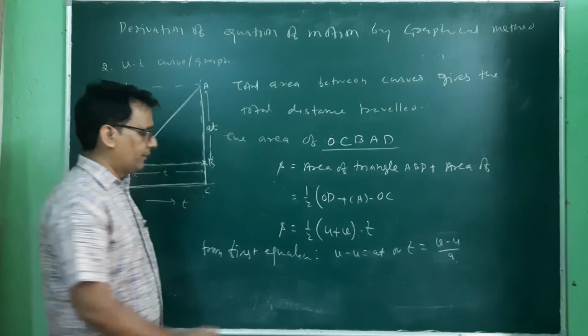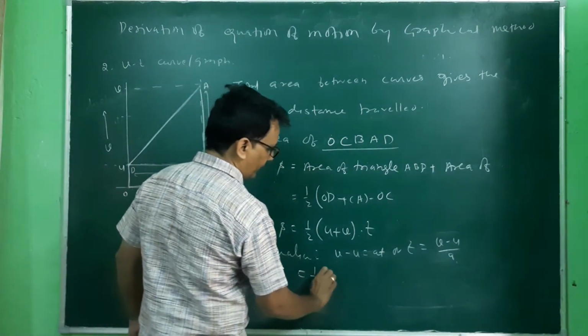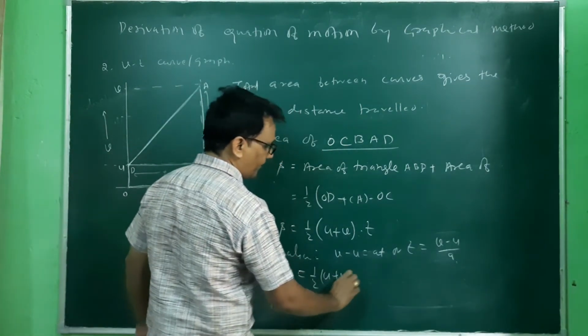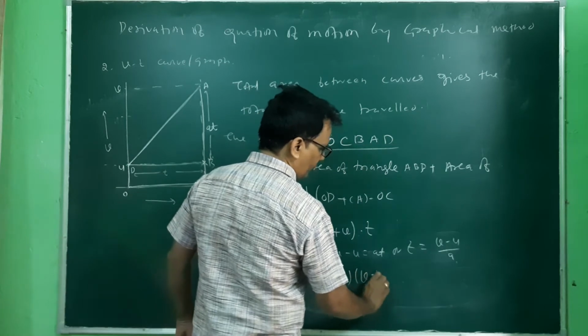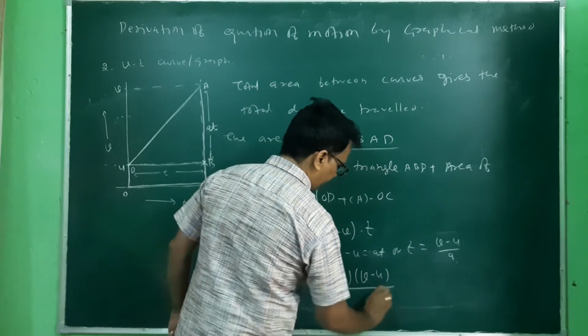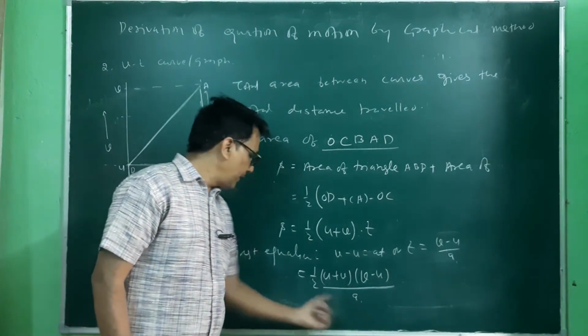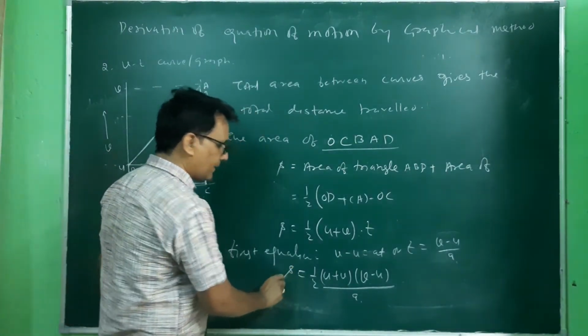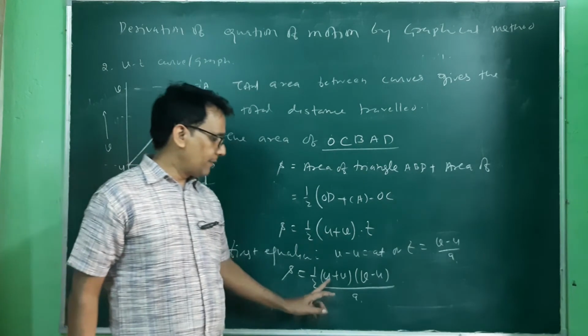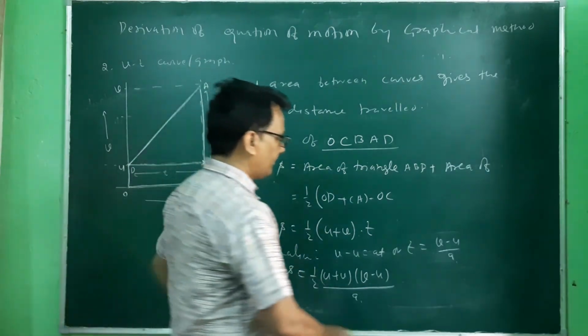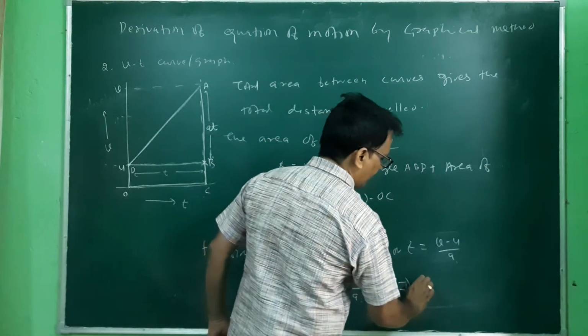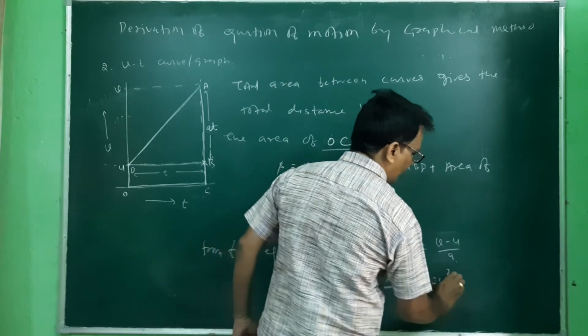We can put it here. So s is equal to half u plus v times v minus u by a. Now we can multiply by 2a: 2as is equal to v square minus u square. So this implies v square is equivalent to u square plus 2as.